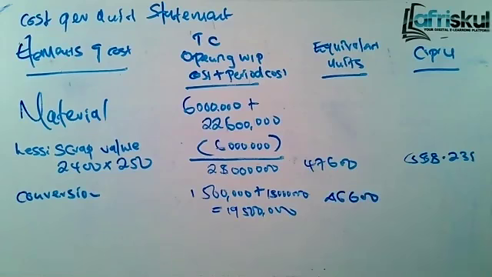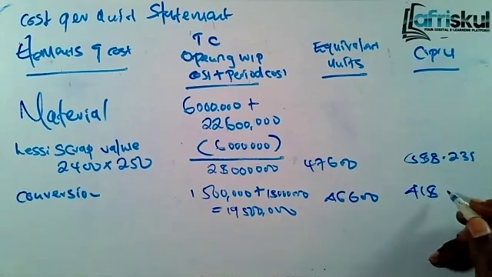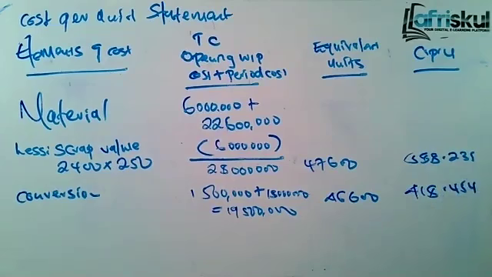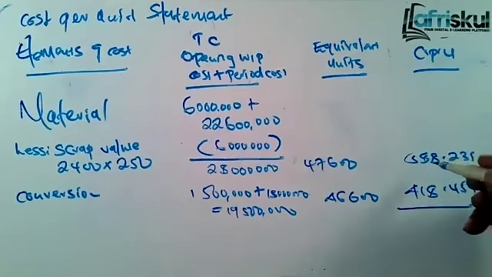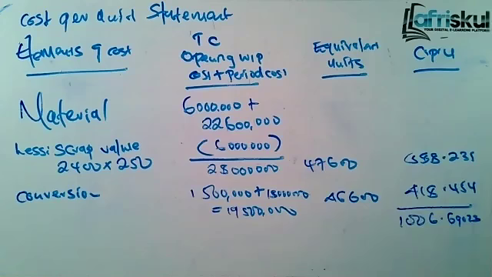When you divide, you get 418.454. And then you add the two: 588.235 plus 418.454, so you get 1,006.69023. That is the cost per unit at that level.